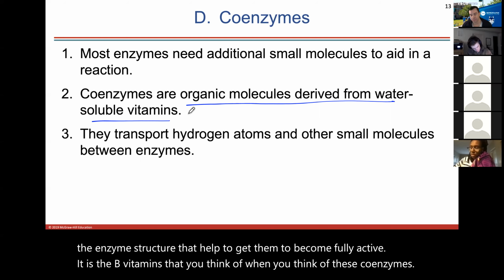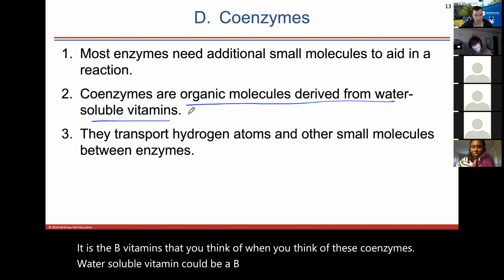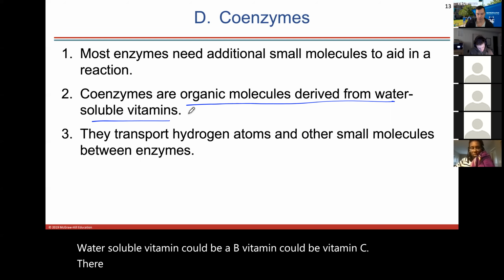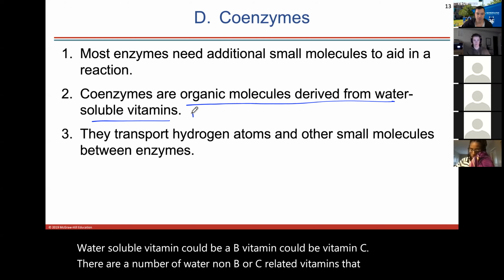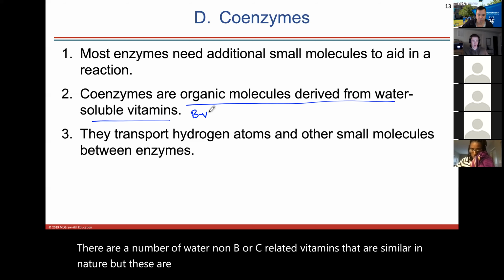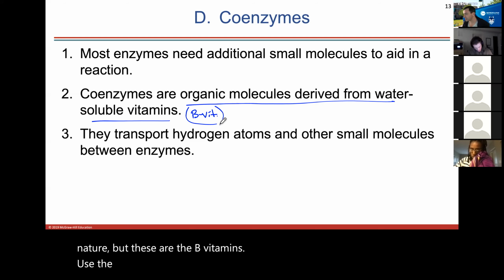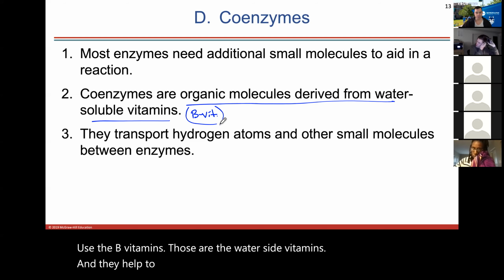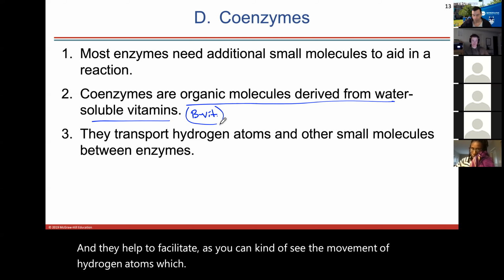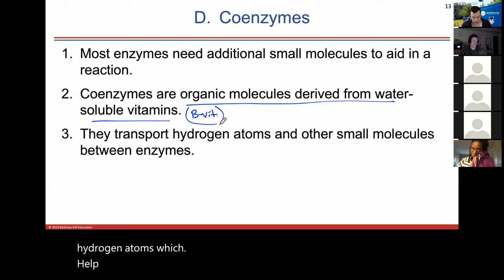A water-soluble vitamin could be a B vitamin, could be vitamin C. There are a number of non-B or C related vitamins that are similar in nature, but these are the B vitamins, the water-soluble vitamins. They help to facilitate the movement of hydrogen atoms, which helps a lot of enzymatic function and a lot of chemical reactions.